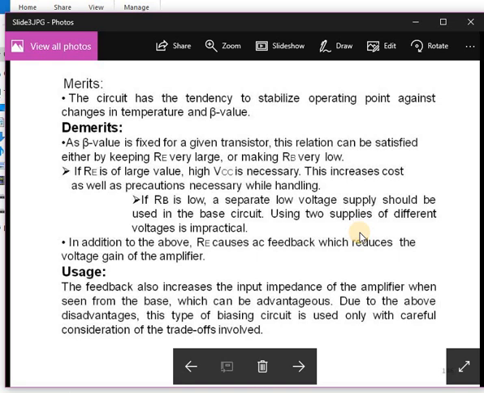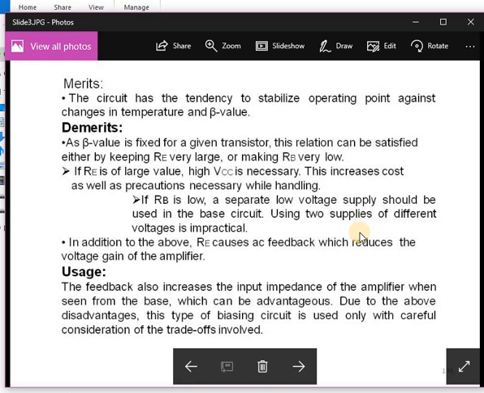So if we decrease the base resistor value, a separate voltage supply is needed, which means using two different supplies within the circuit, which is impractical.